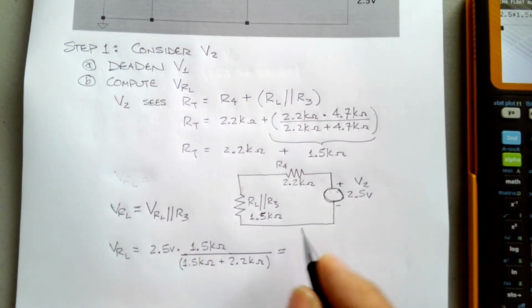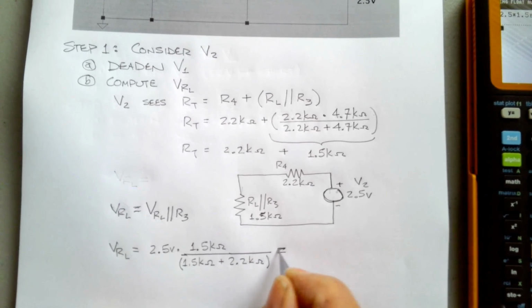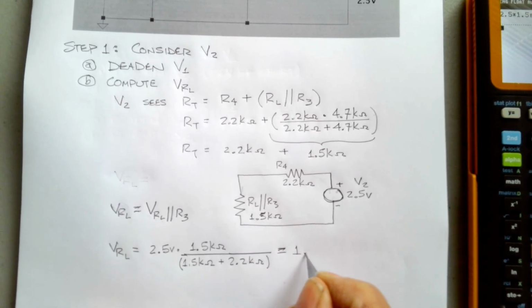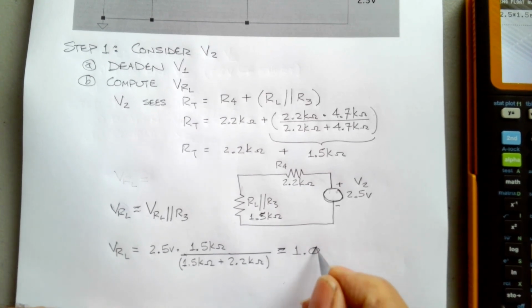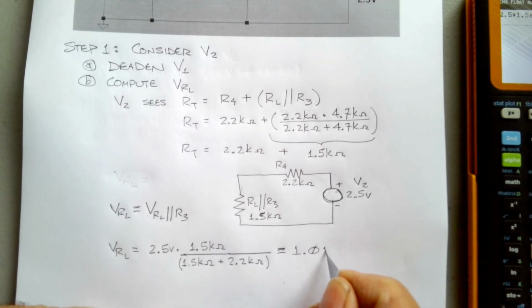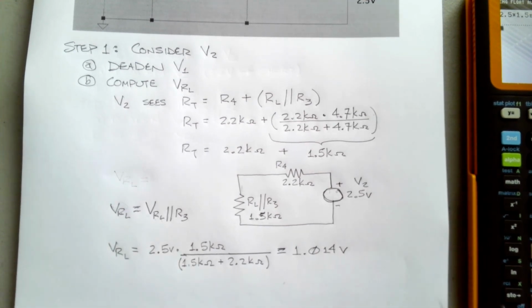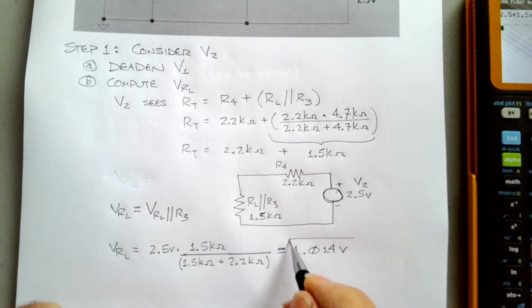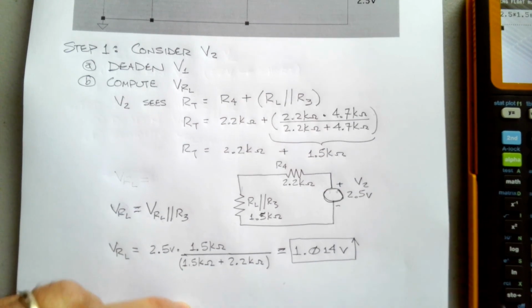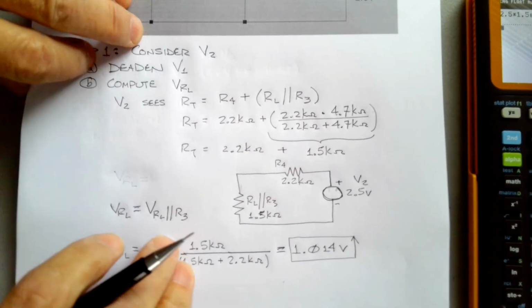So this thing says it's equal to 1.0135, so we'll call it 1.014 volts, all right? And that's our result from step 1. We go to step 2.